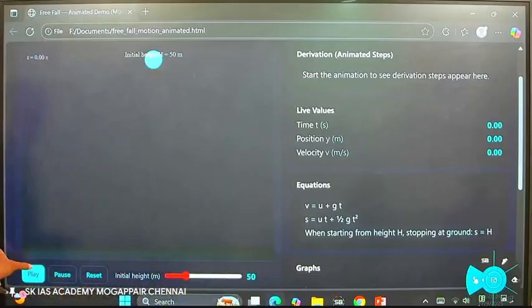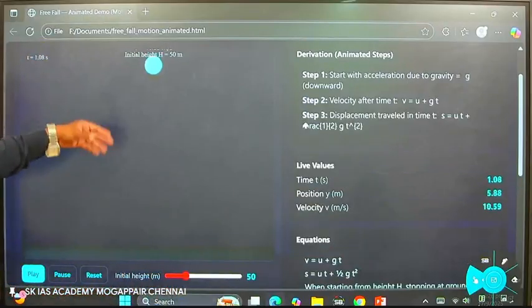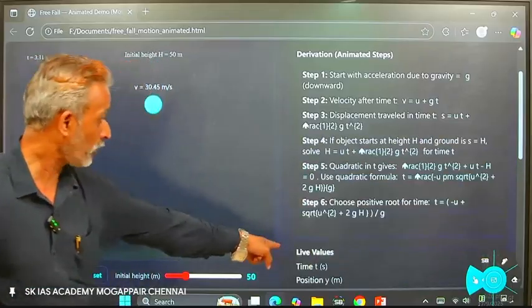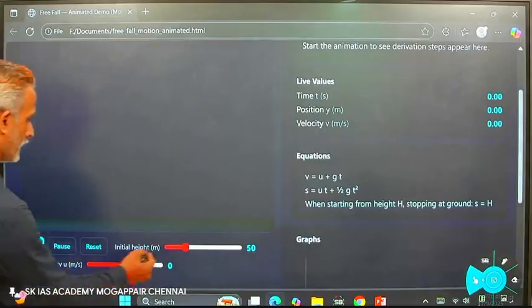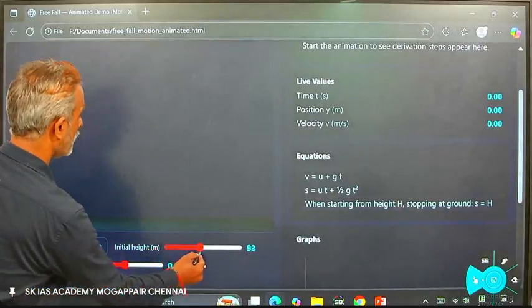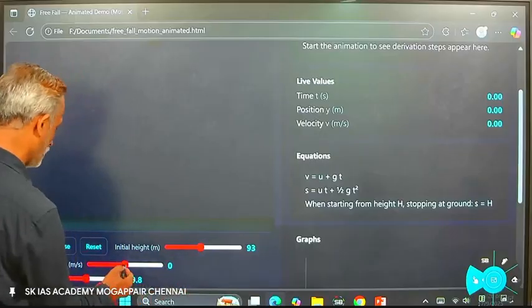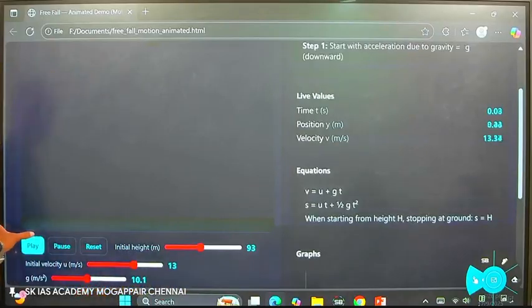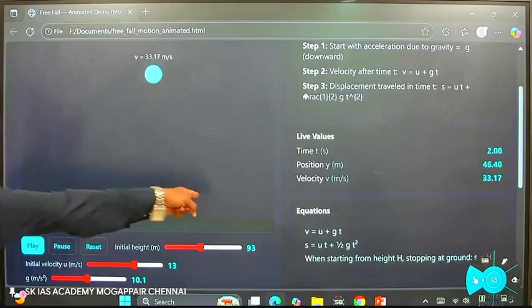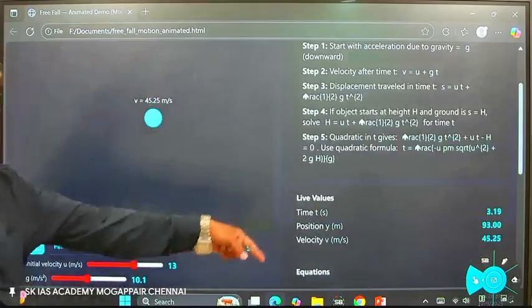See there, time also increases. One second, I increase the height, velocity increases, acceleration due to gravity 9, 10. Now you see, everything is increasing, correct?